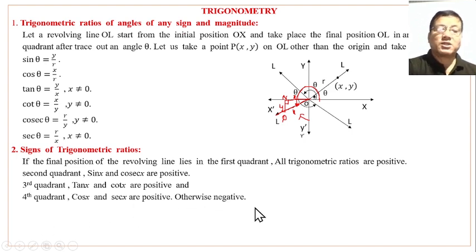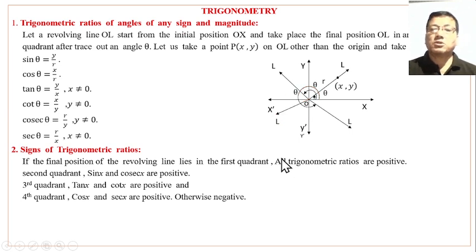So for the fourth quadrant, remember the position of the revolving line. The position is in the fourth quadrant, between 270 degrees and 360 degrees. At the final position, we drop a perpendicular from the point to the x axis, forming a right angle.